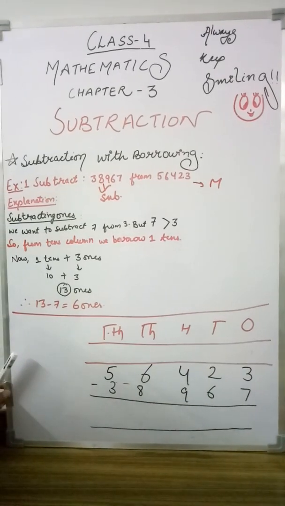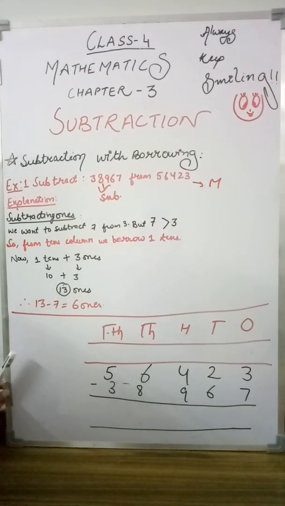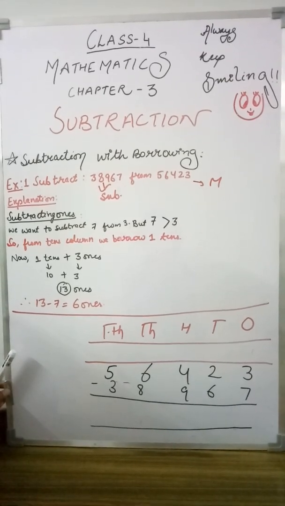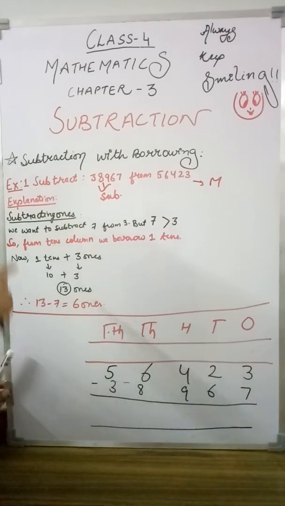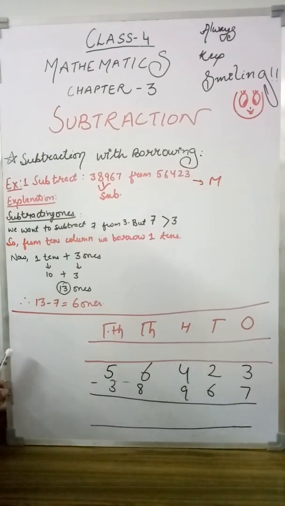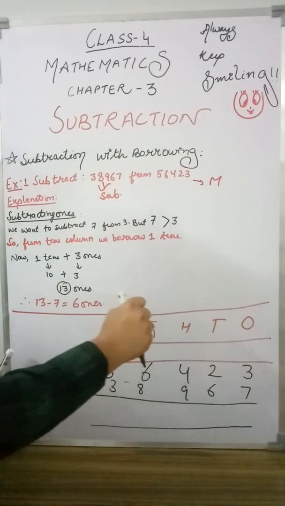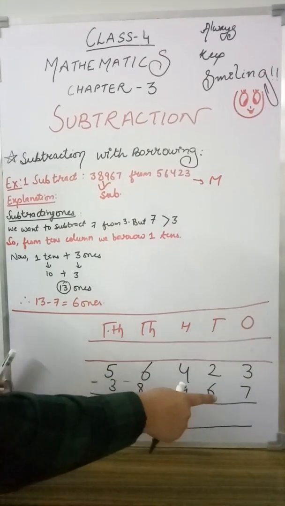I go to the ones place: 3 is on top and 7 is below, so we cannot subtract 7 from 3. What is the way to do this question? We want to subtract 7 from 3, but 7 is greater than 3.